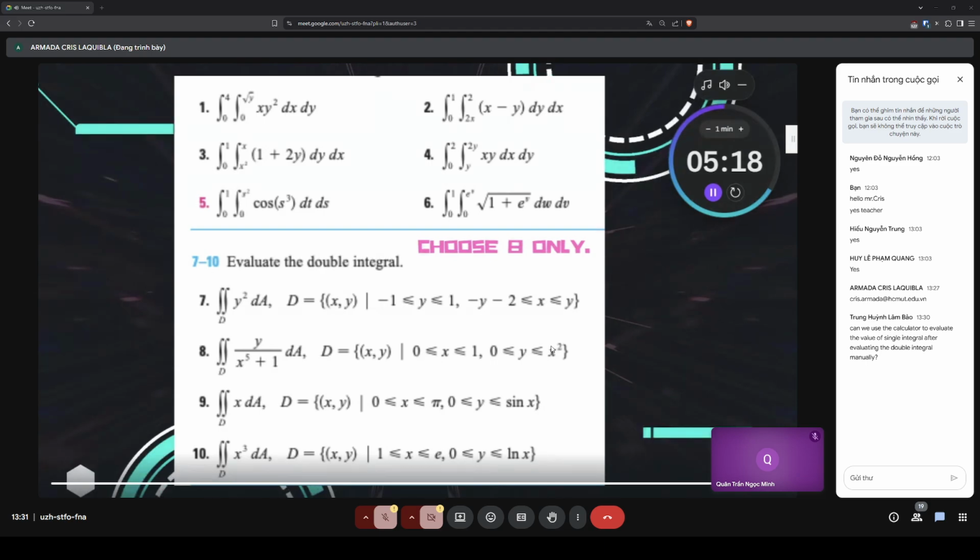Oh, someone answered already. Class, if you solve the integral, if there's still an integral, you have to write the dy or dx there at the last part.